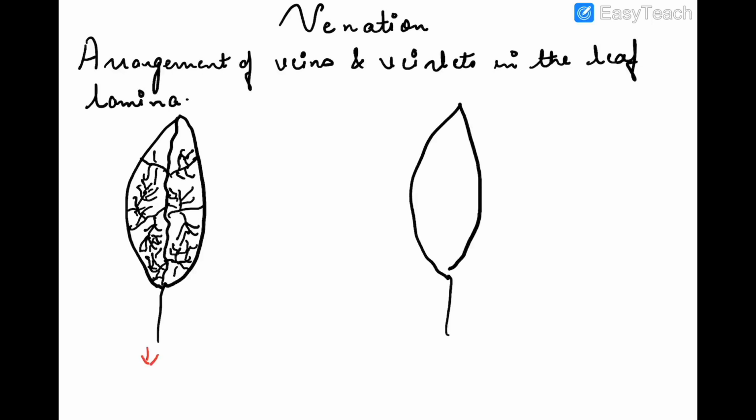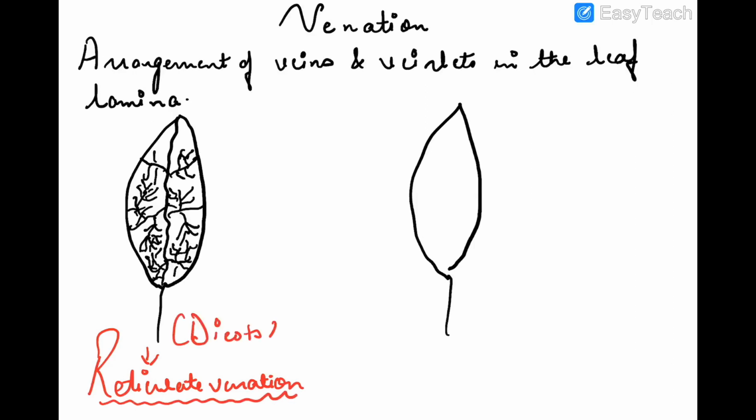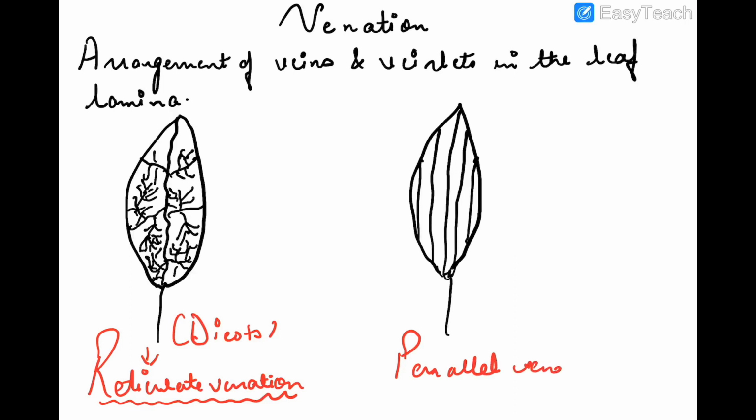Such type of venation is known as reticulate venation, and such type of venation is seen in dicots. The veins can also be arranged like this. Such type of venation is known as parallel venation, and such type of venation is seen in monocots.